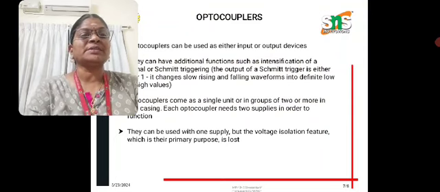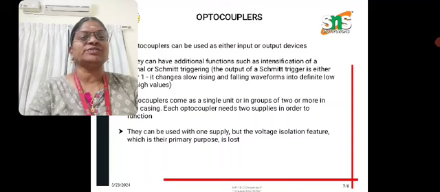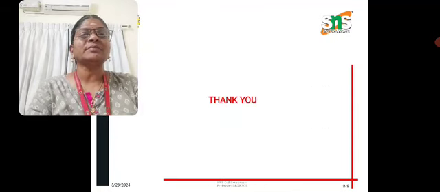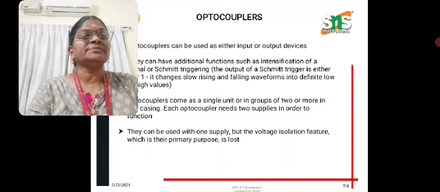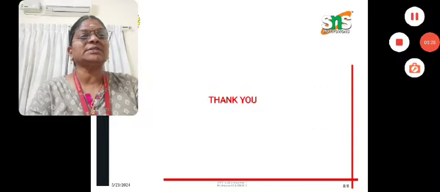Each optocoupler needs two supplies in order to function. They can be used with one supply, but the voltage isolation feature, which is their primary purpose, is lost. Okay, so these are the concepts we use in interfacing relays and optocouplers.